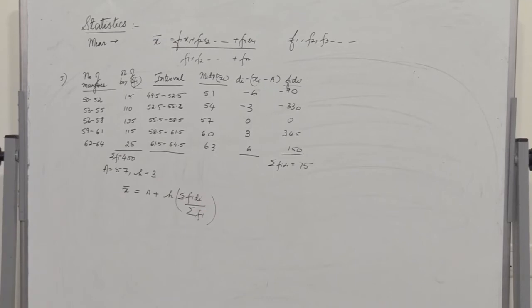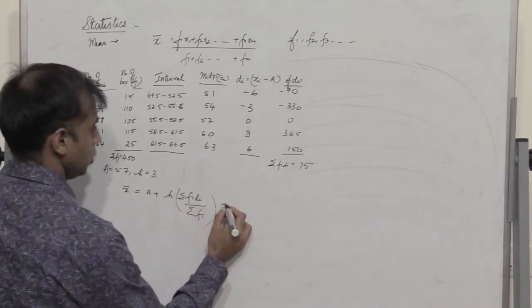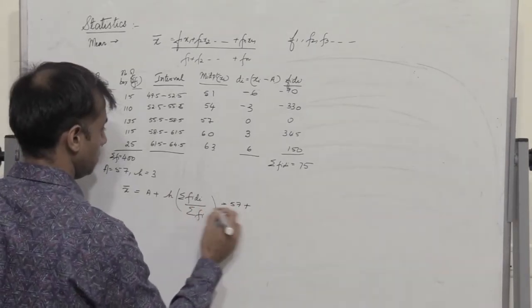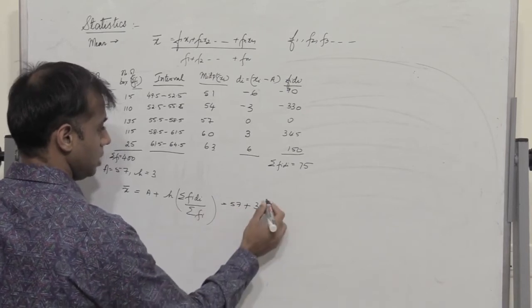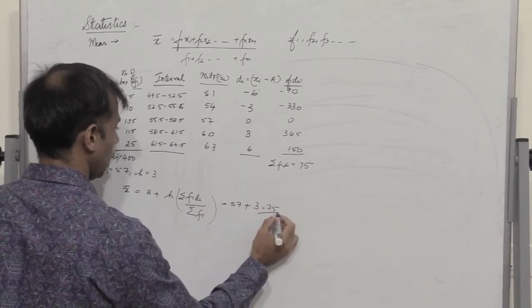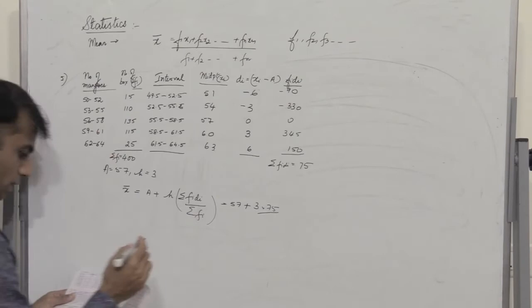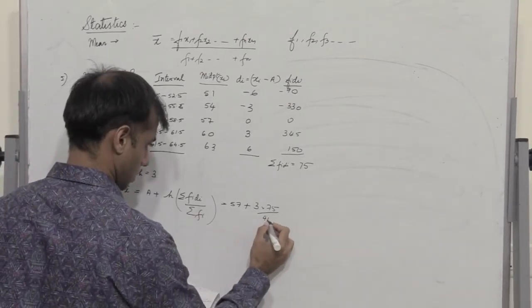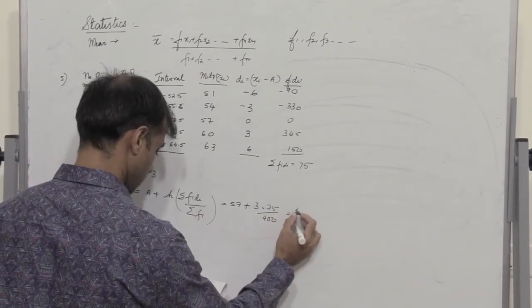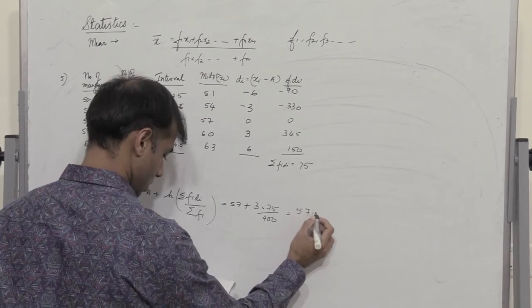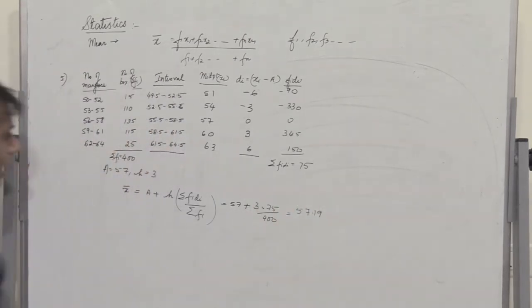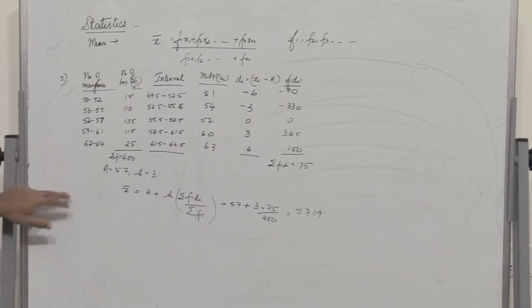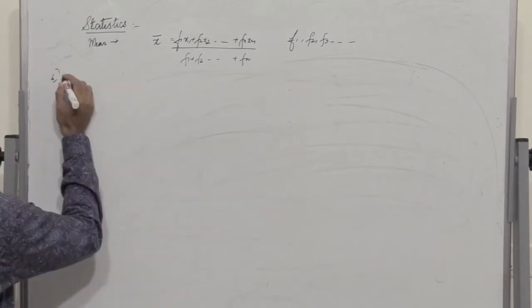Here we are using step deviation as the frequency values are much larger. So which gives us 57 plus h is 3 into 75 divided by 400. So we get the value as 57.19 mangoes per box. So this is the mean value what we get.